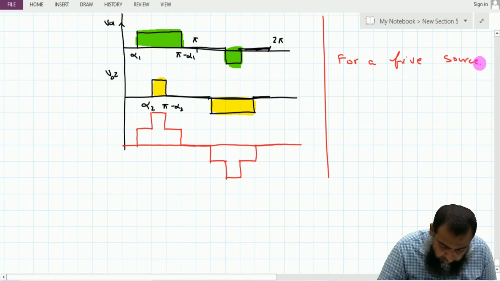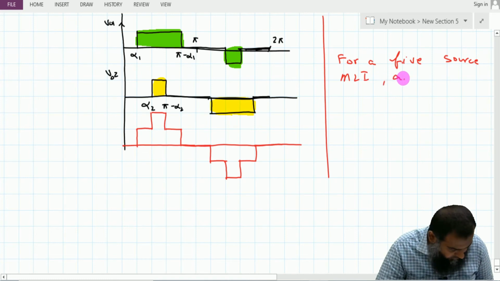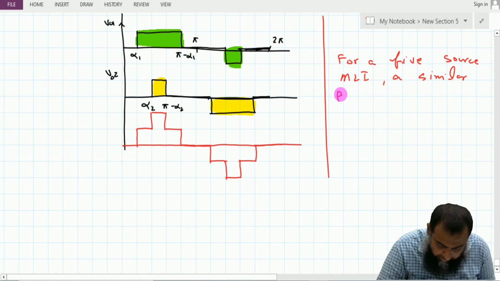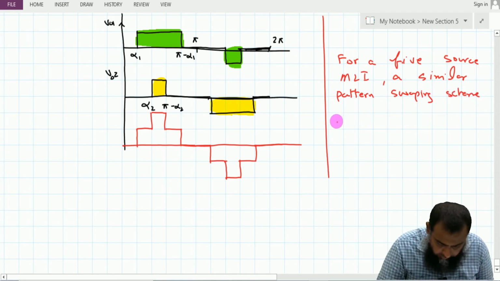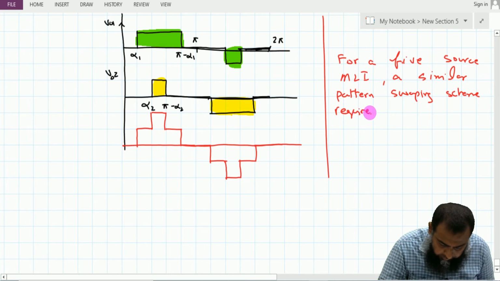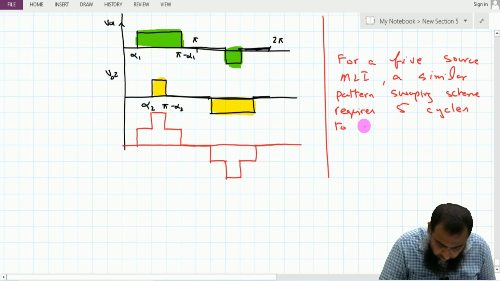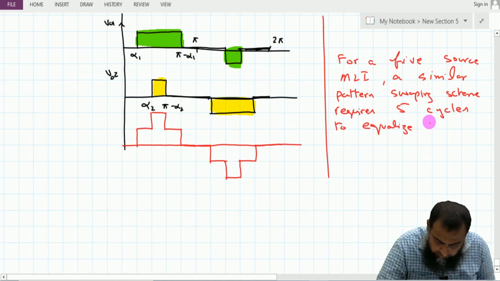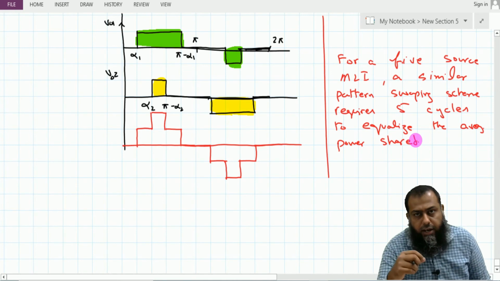So let me write down here that for a 5 source multi-level inverter, a similar pattern swapping scheme requires 5 cycles to equalize the average power shared.